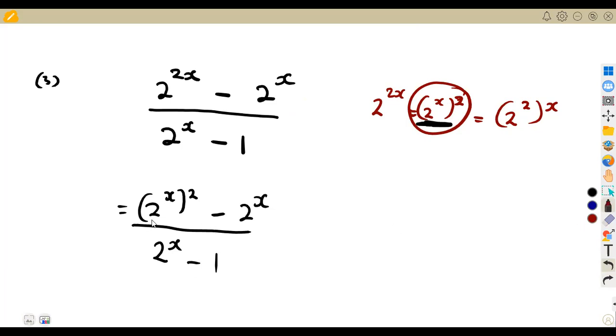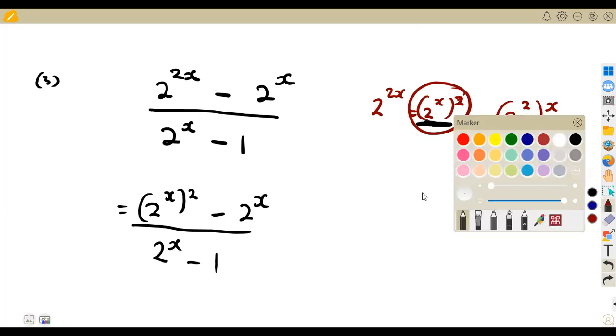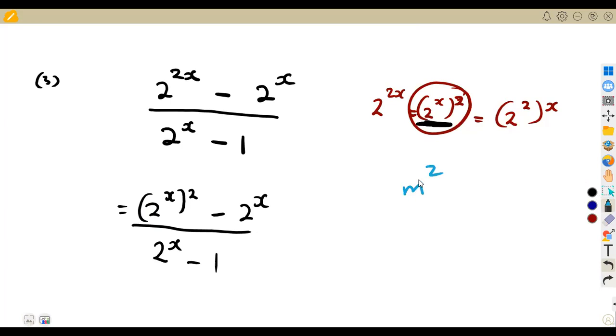So the question is, what does this part mean if I write it this way? It is the same thing as m to the exponent of 2. What does it mean? It means m times m. There are 2 m's of them.